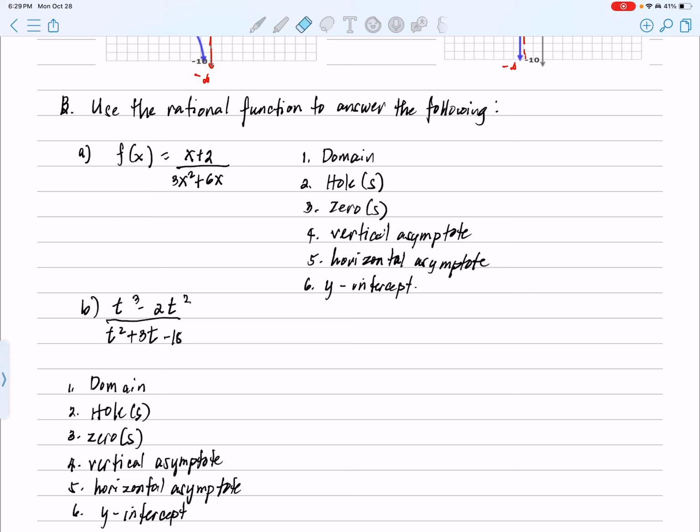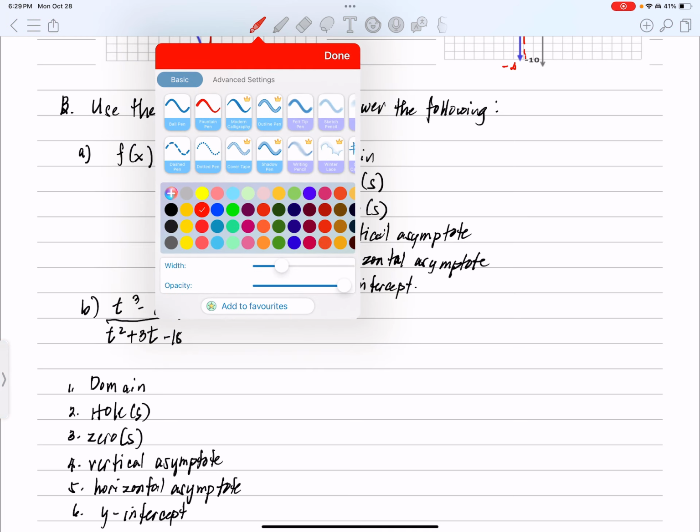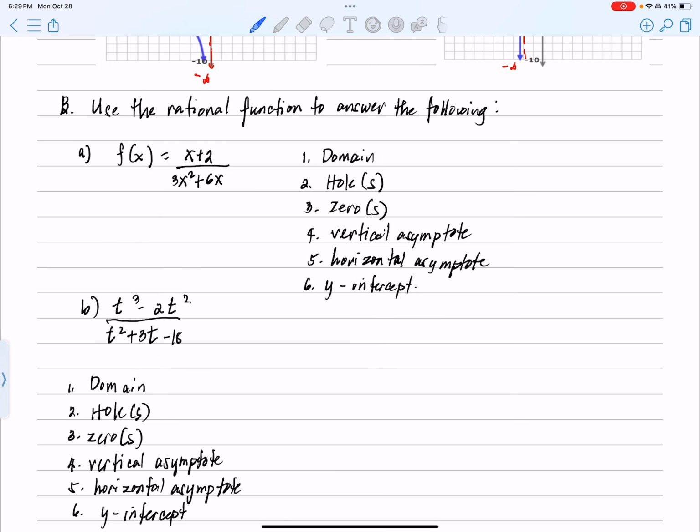So 3x is factored out, and what is left is x plus 2. I can see that this can be cancelled. We found a hole here.